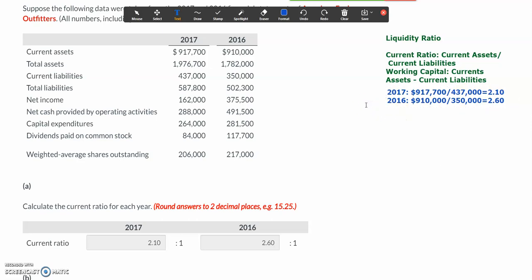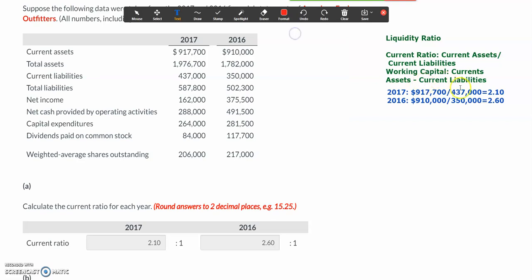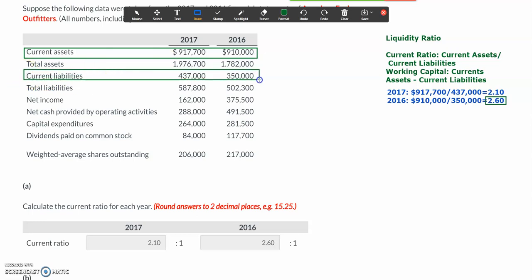And this tells us that in 2016, the company is doing better because they have a higher current ratio. They have more current assets compared to their liabilities in 2016 compared to 2017. So for the current ratio, we're looking at our current assets and our current liabilities.